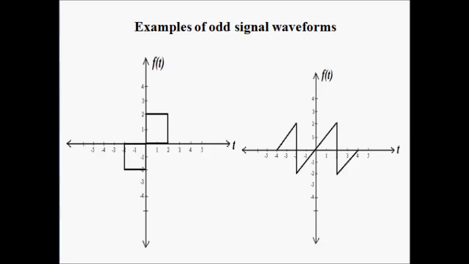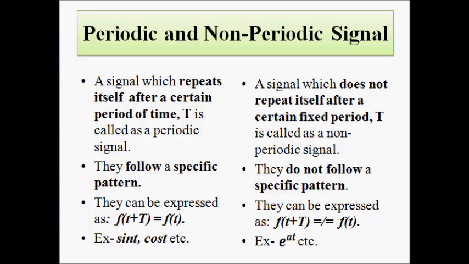Then we have the periodic and non-periodic signal. Now what is a periodic signal? When I say periodic, it means that the signal will repeat itself after a certain fixed period of time. Let's say it's capital T. That is called a periodic signal.